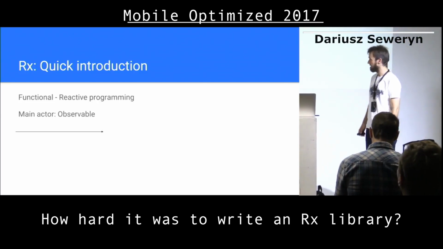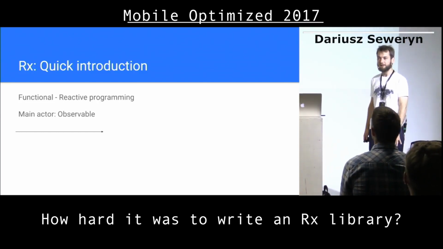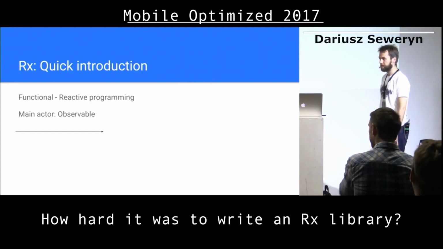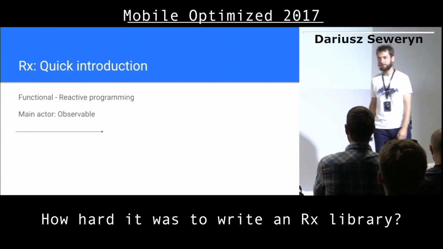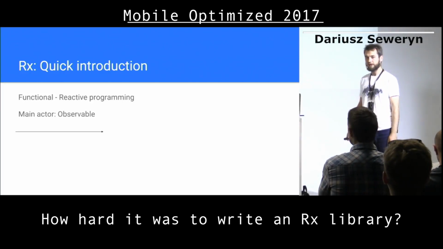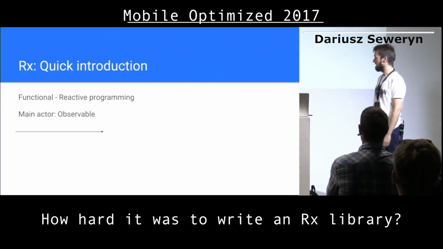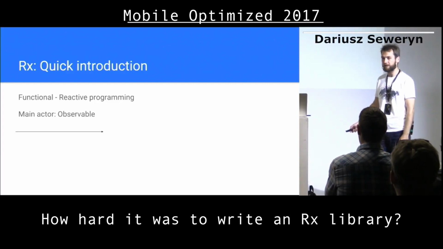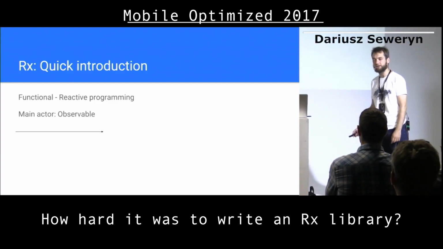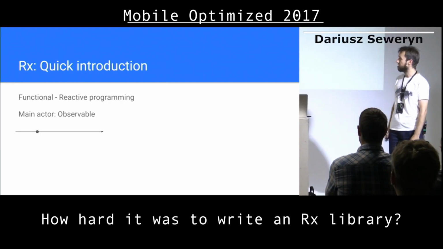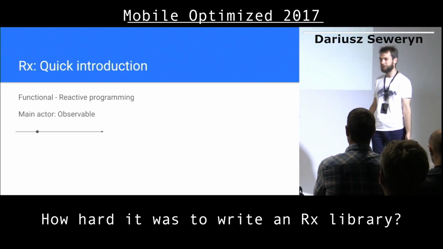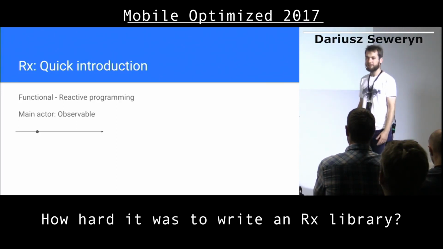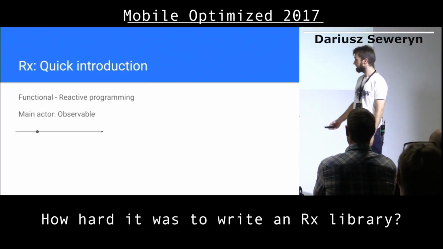I will just emphasize one thing that I think is the most important part of reactive programming. When we have an observable that is emitting an item, for instance, if we are having a production line of bottles, and a single bottle is being produced, then we can apply a function on it.